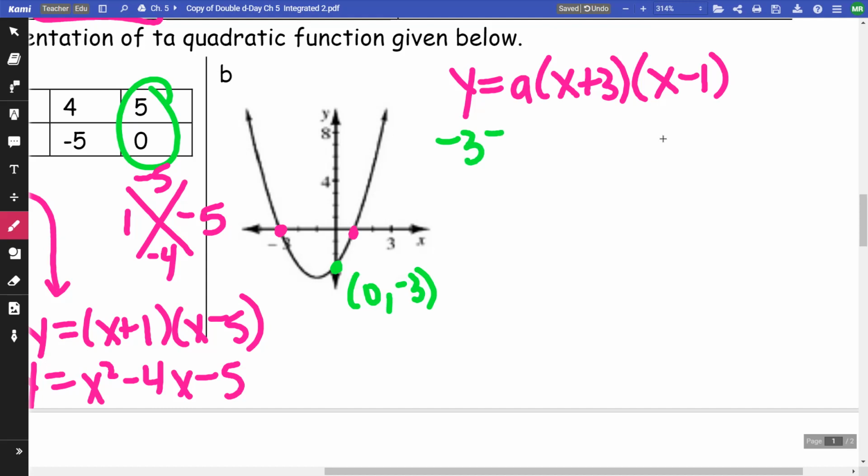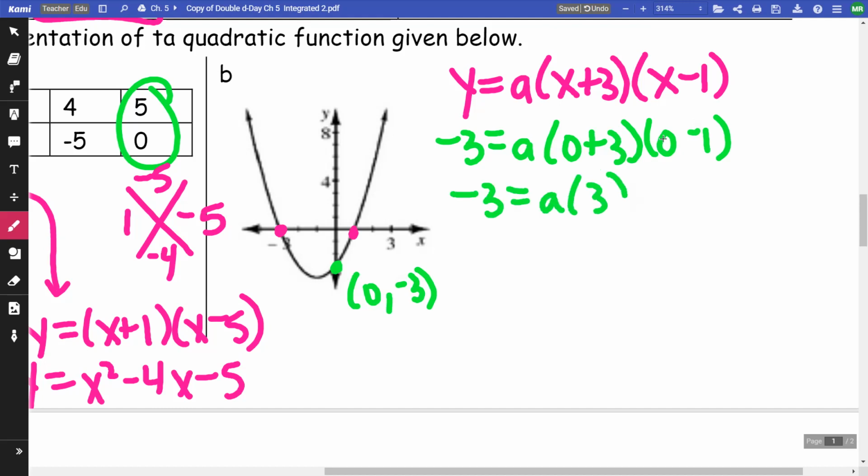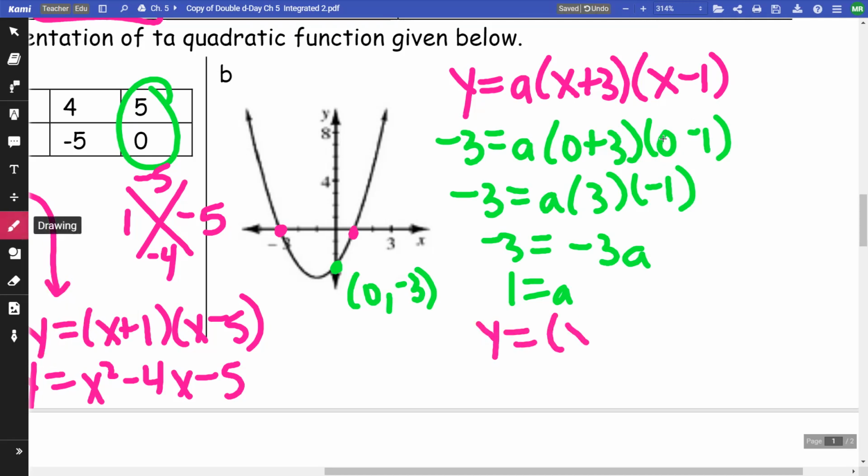So I'm going to put -3 in here, 0 in here. I get -3 is equal to a times 3 times -1. So it looks like I'm going to get another a of 1, which doesn't always happen. It's happening on these ones. So again, a is 1. And so my equation, y equal the quantity x plus 3 times x minus 1.